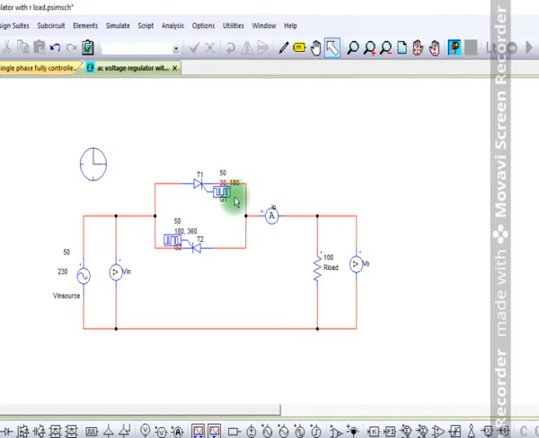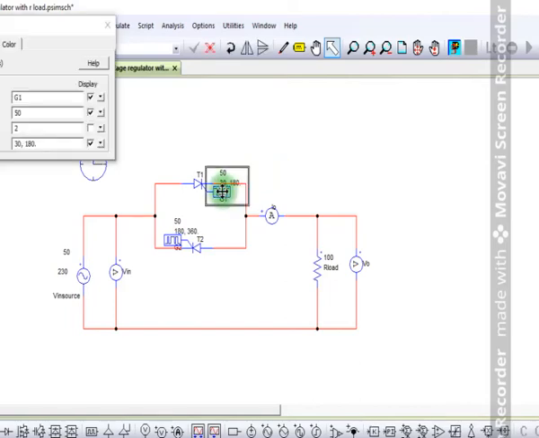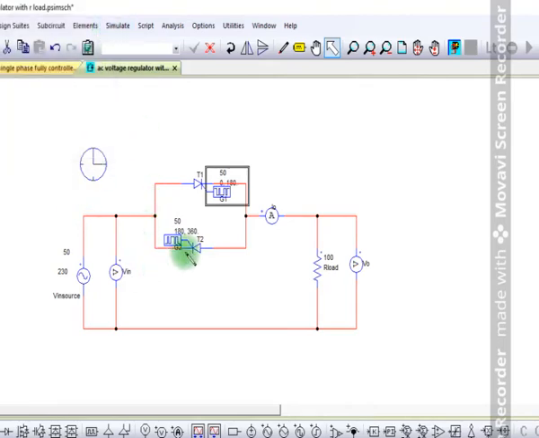Okay, so instead of providing this as 30 degree, we will provide this as a 0 firing angle. If we want to provide 0, we need to put it 0 because there is no firing angle, and this is also not provided any firing angle, and then we'll try to perform this.